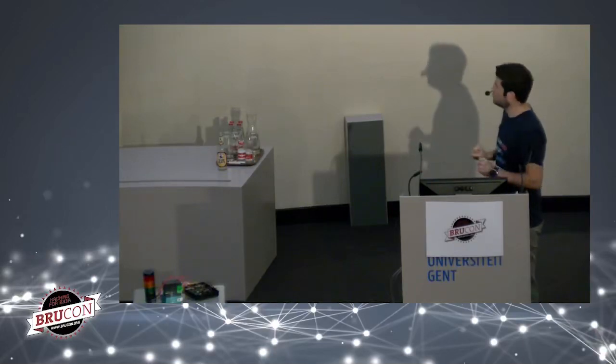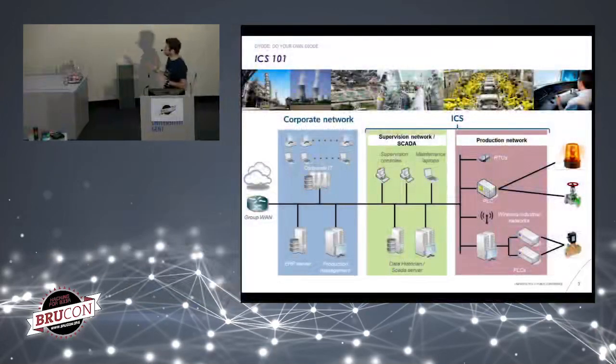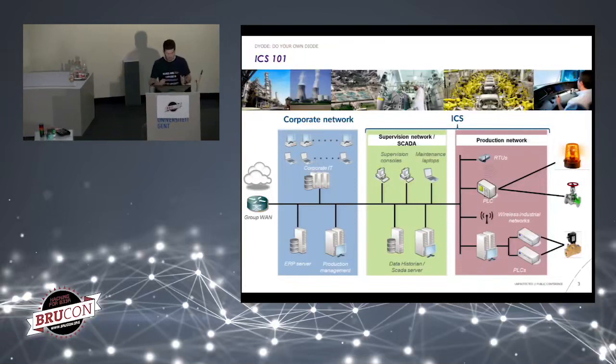And most of the time, not to say all the time, this is somehow connected to the corporate network, the wide area network of the company, or the internet. So of course today I'm talking about one solution that may, in specific cases, allow you to secure your ICS.